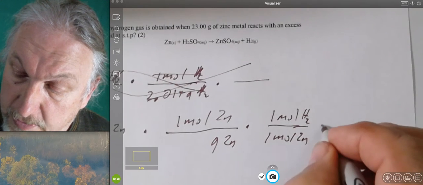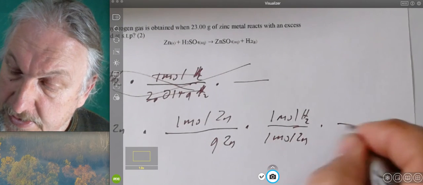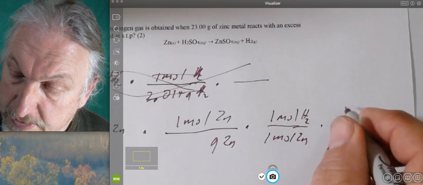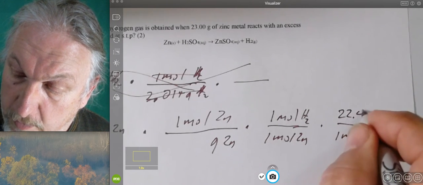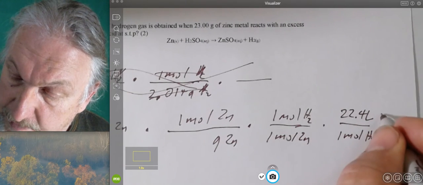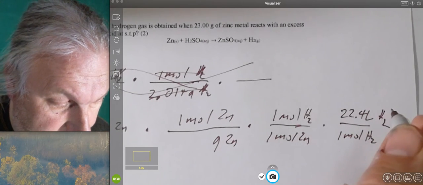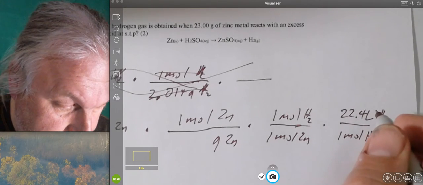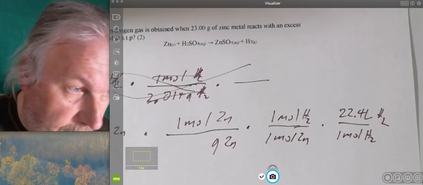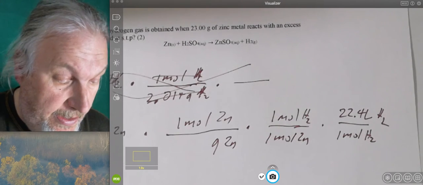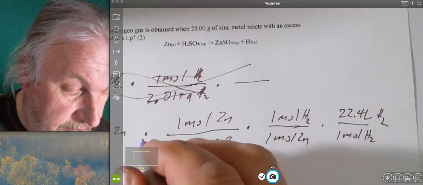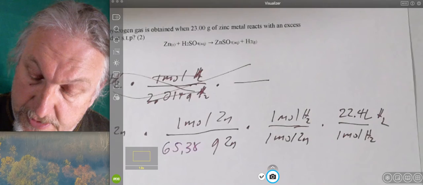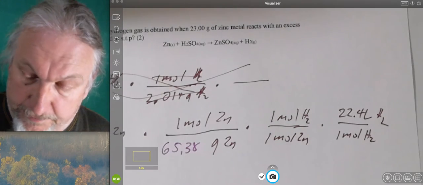If I have 1 mole of hydrogen gas, I have 22.4 liters of hydrogen gas. Looking up in my periodic table, I see that zinc has a molar mass of 65.38 grams. So let's make sure we're doing everything right here.